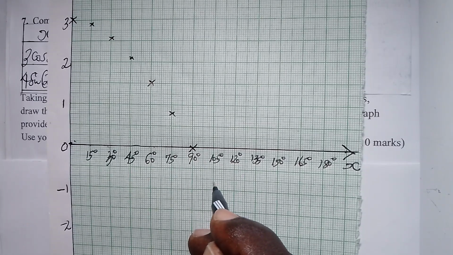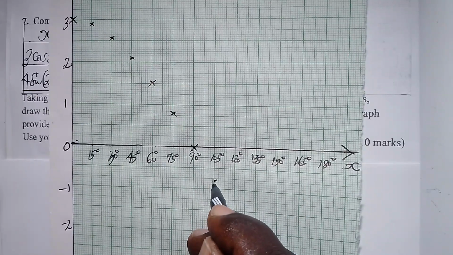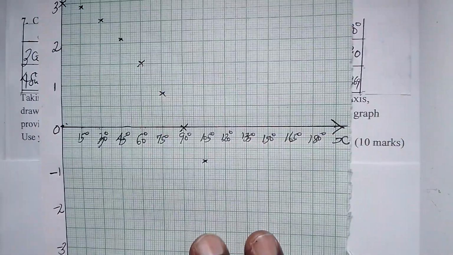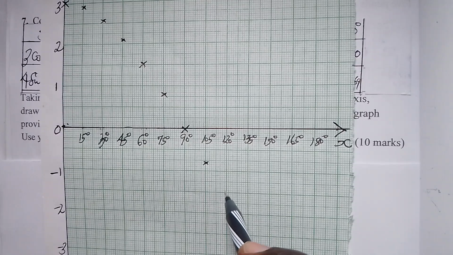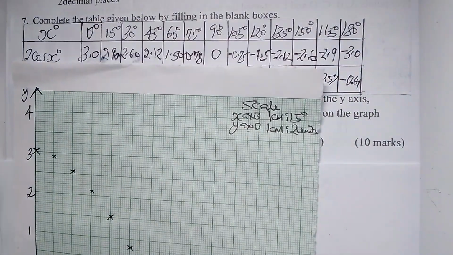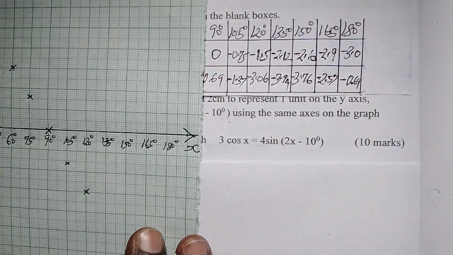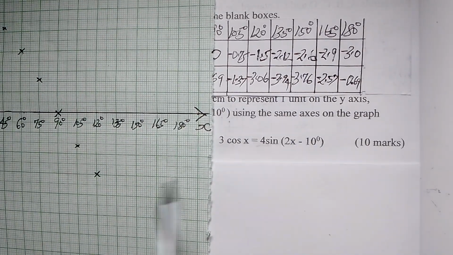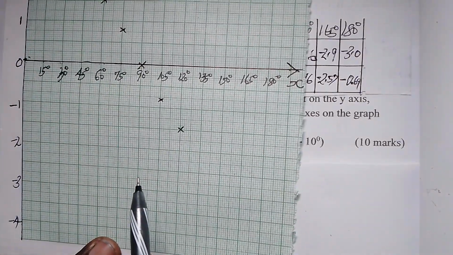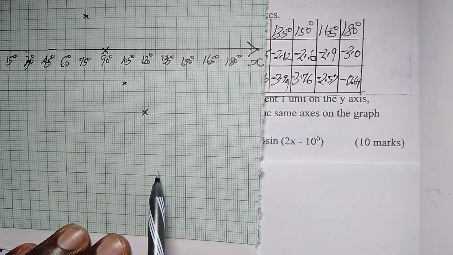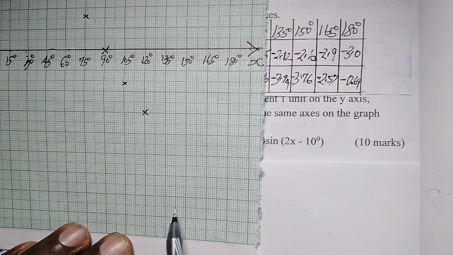Negative 0.8 is here. 120, negative 1.5. 120, negative 1.5 is here. 135, we are now here, negative 3.9. So 135, negative 3.9. Negative 3.